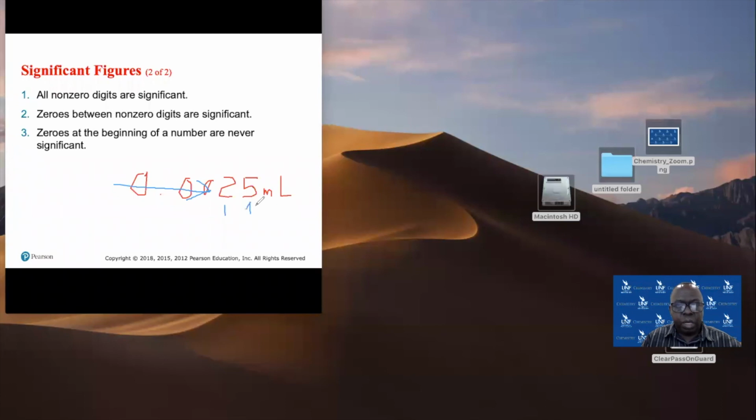1, 2. These are the 2 significant figures, 2 significant figures. So that's how you count the zeros.